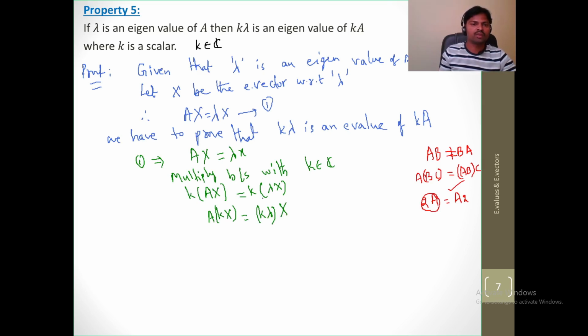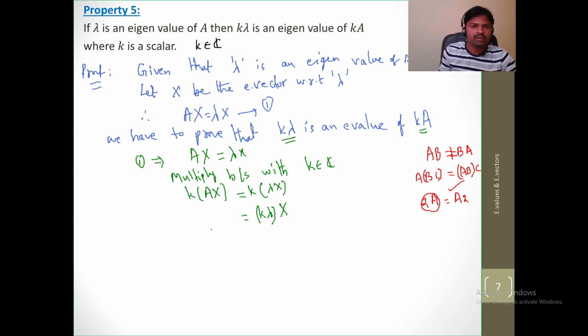For example, k into lambda I can write, or lambda into kx also, but that I don't want. What I need is to prove that k lambda is an eigenvalue of kA. That's why I am writing it this way, according to requirement.